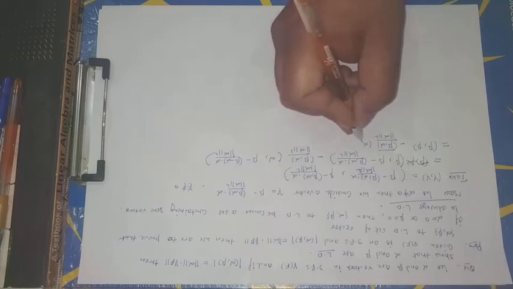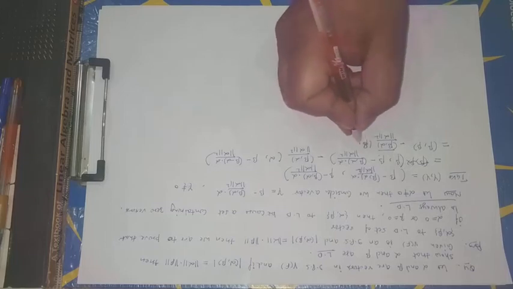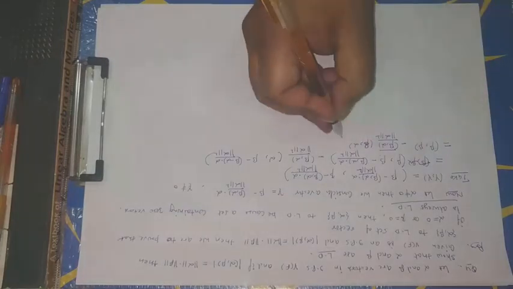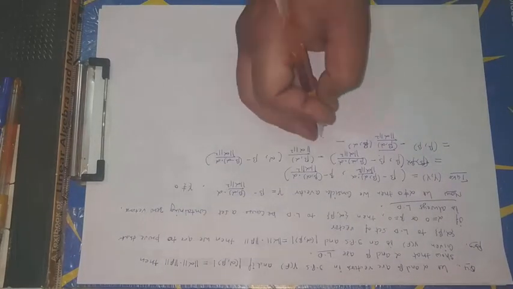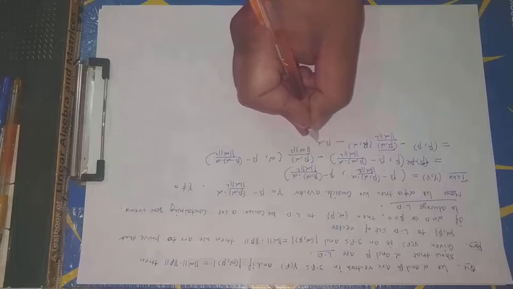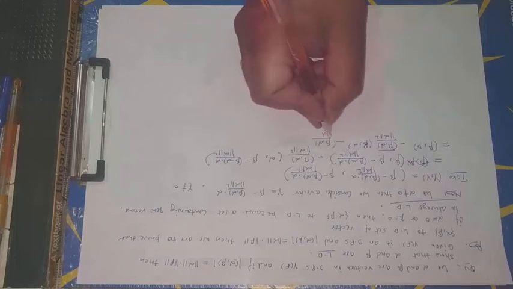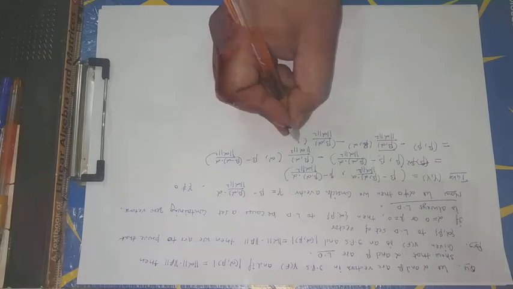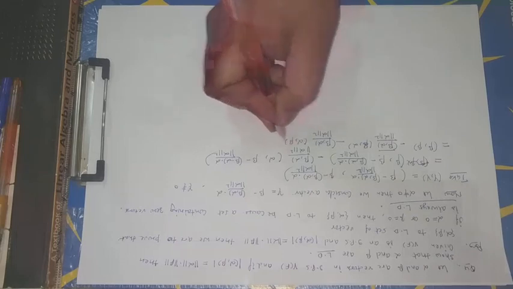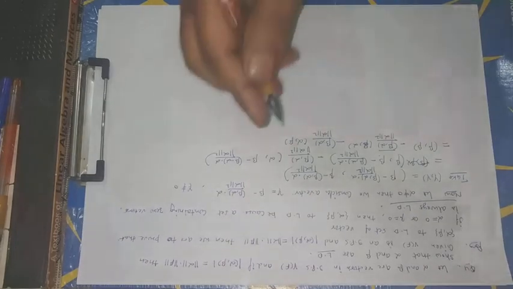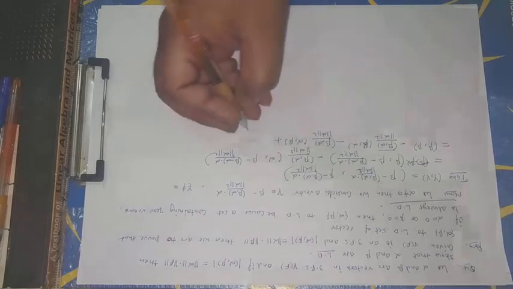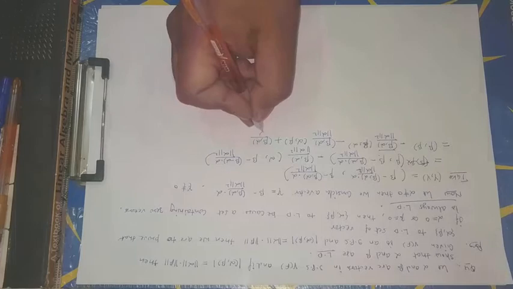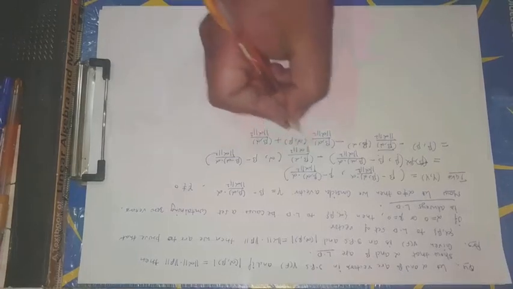Now beta inner product with alpha minus beta alpha upon alpha norm square into alpha inner product with beta, plus beta inner product with alpha upon alpha norm square.